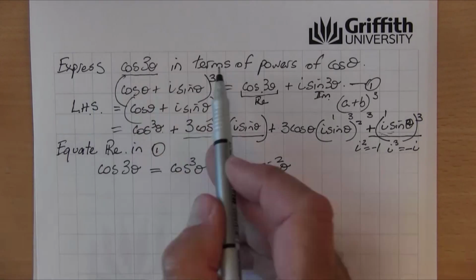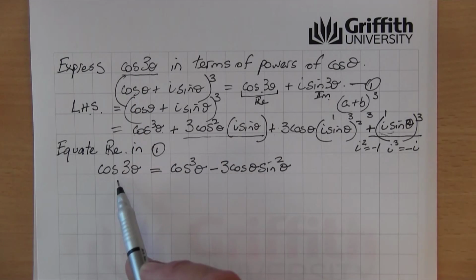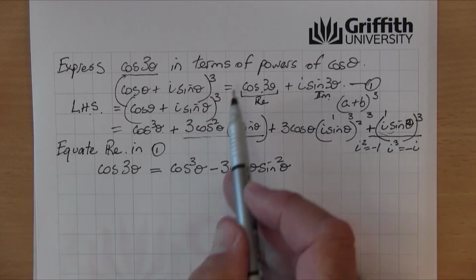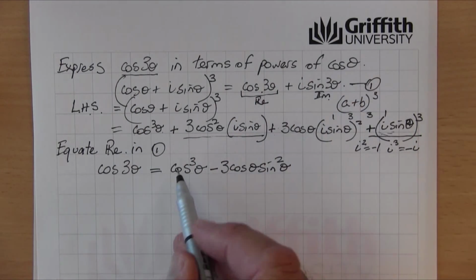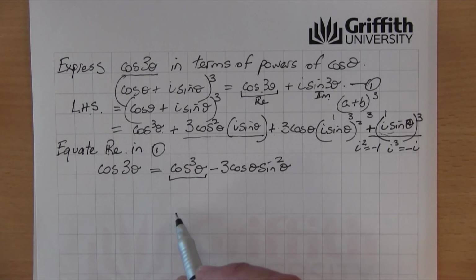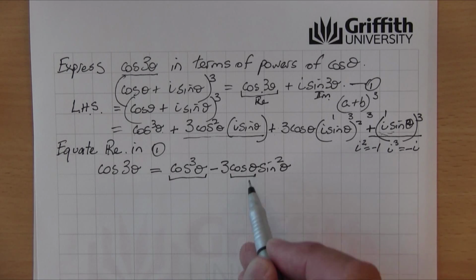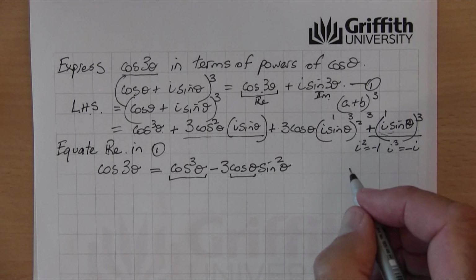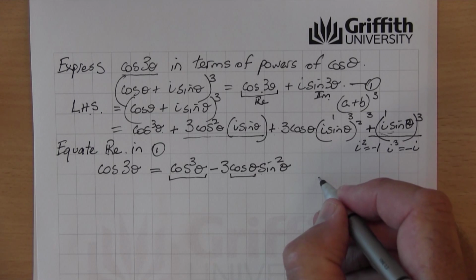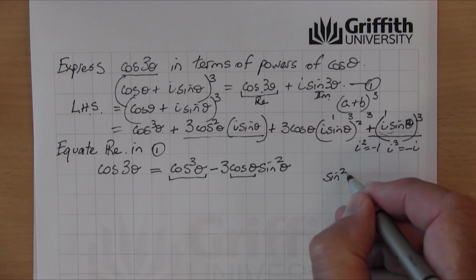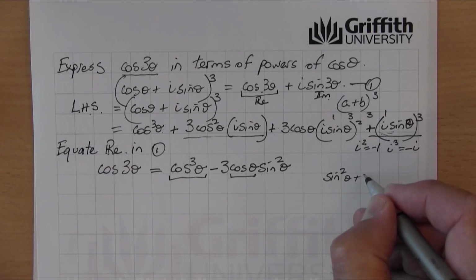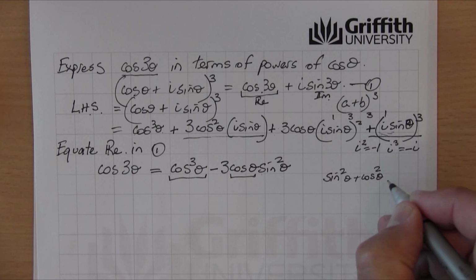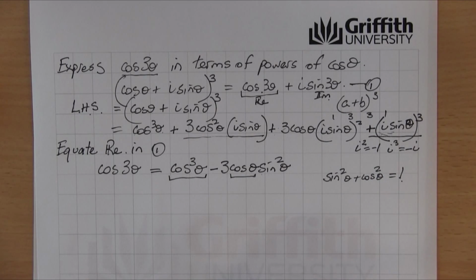Now the question asks us to express cos 3 theta, okay, we've got that bit there, in terms of powers of cos theta. Well, there's a power of cos theta. We've got a cos theta here, but this is not in terms of cos theta. And if we go back to the Pythagorean identity, we know that the sine squared of any angle, we'll call it theta, plus the cos squared of the same angle is always going to be equal to 1.